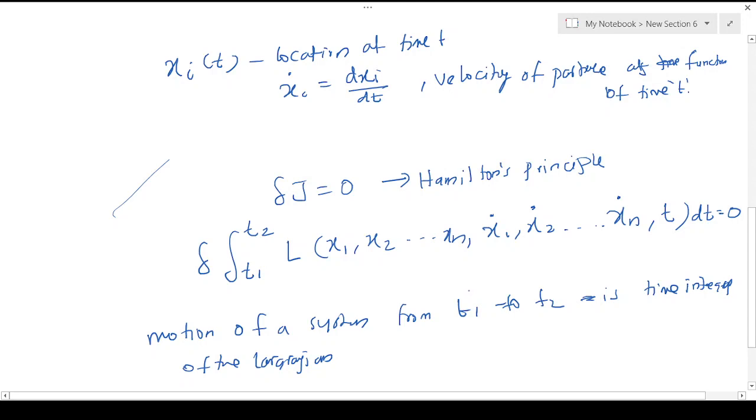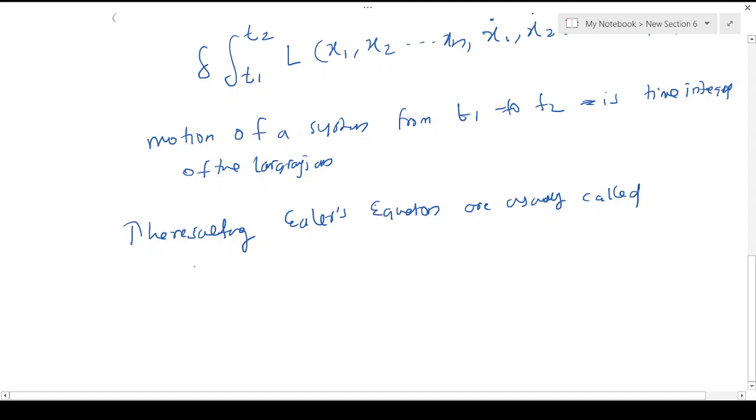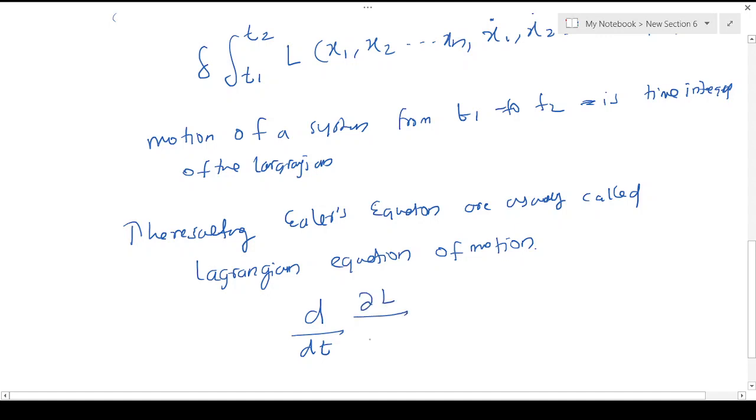The resulting Euler equations in this case are usually called the Lagrangian equations of motion, that is d by dt of dou L by dou xi dot minus dou L by dou xi is equal to 0.